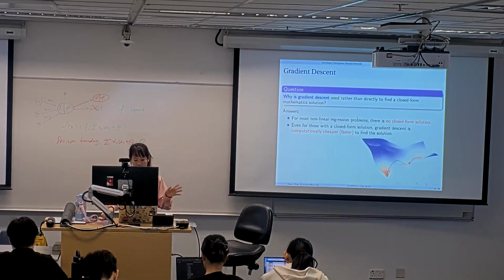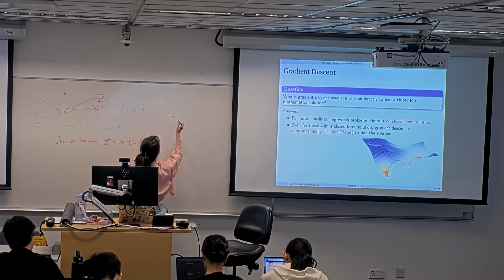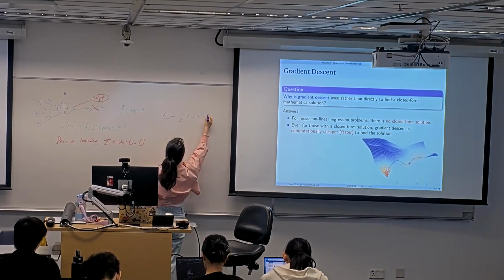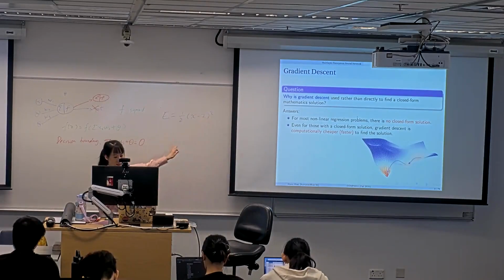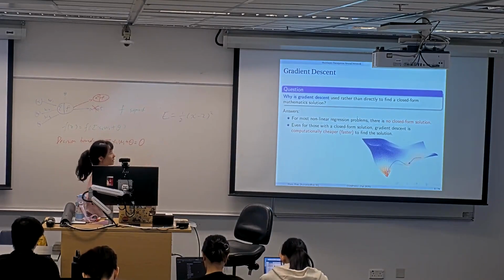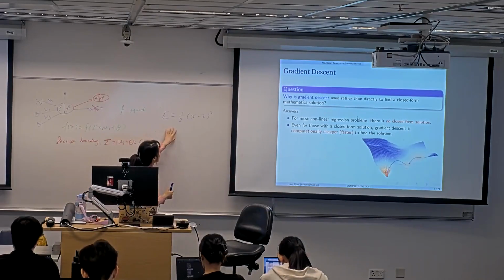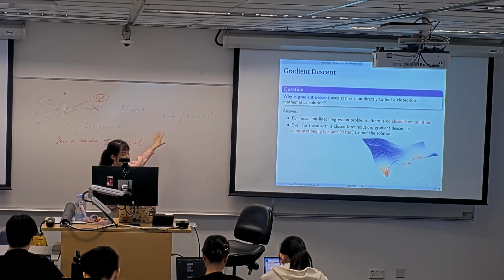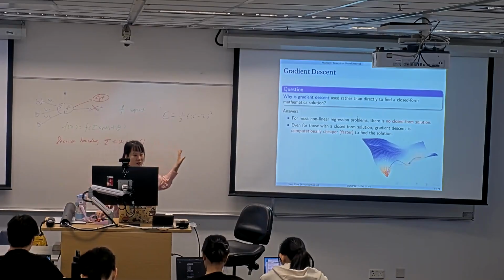So just suppose our error function E takes this form. x is some parameter, and the error function E is just half times (x minus 2) squared. For this optimization problem, if we want to minimize E, it has a closed form mathematical solution, right?